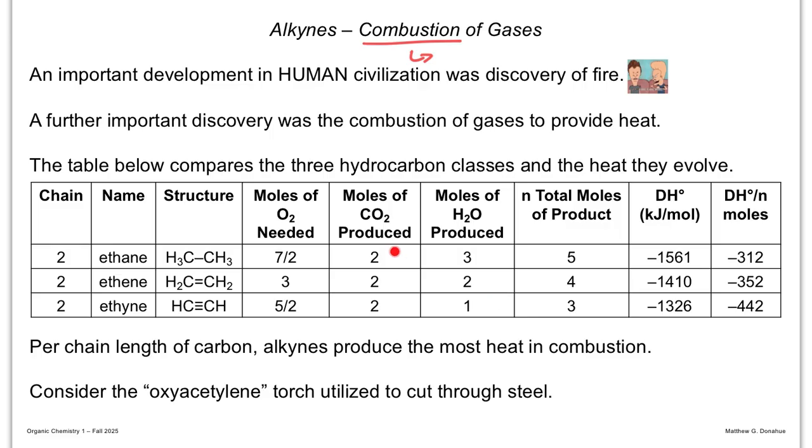If you take these 2 numbers and add them, you get this column. And then overall, this is the heat produced. And then we can normalize that number based on the total numbers of the moles of product. And when you do that, you see that the alkyne is the most efficient for the number of carbons present in the moles of products produced.